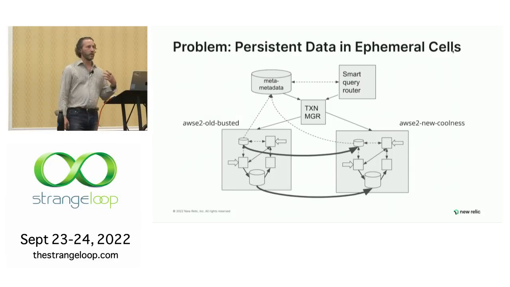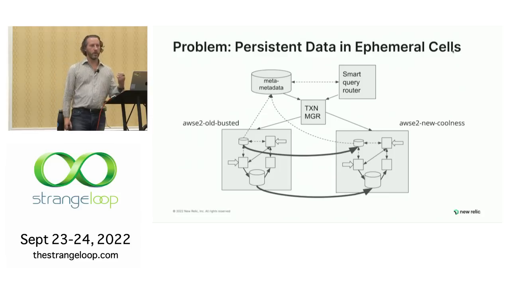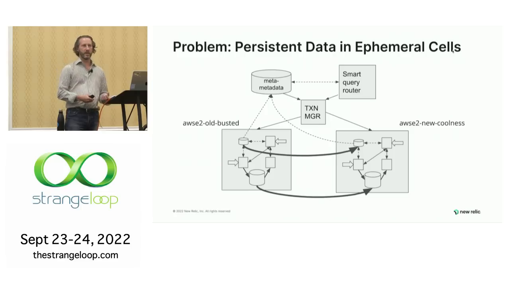We did introduce a couple of problems, though. One of these is the fact that we had persistent user data in ephemeral cells. For a variety of reasons, sometimes we want to be able to retire a cell and replace it with another one.